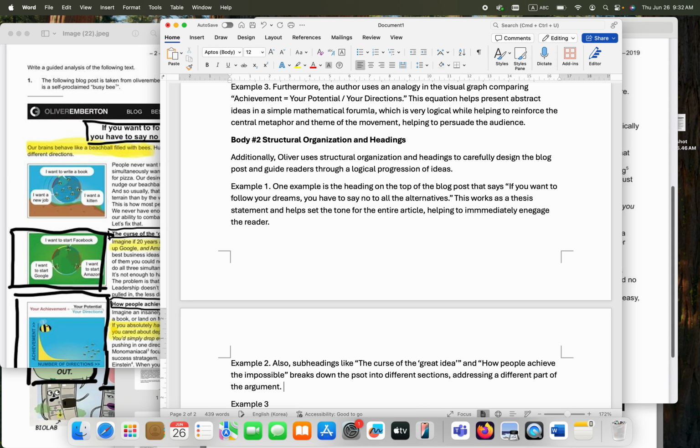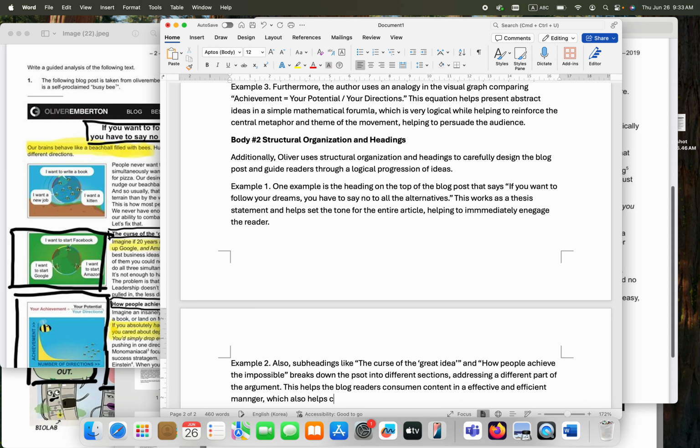So something like that. This helps the blog readers consume content in an effective and efficient manner. Which also helps capture their attention.